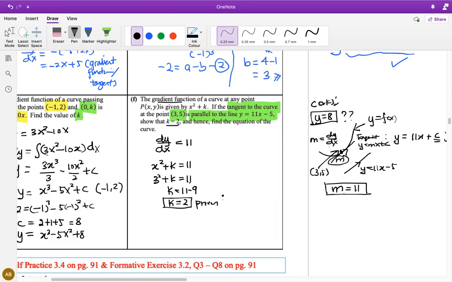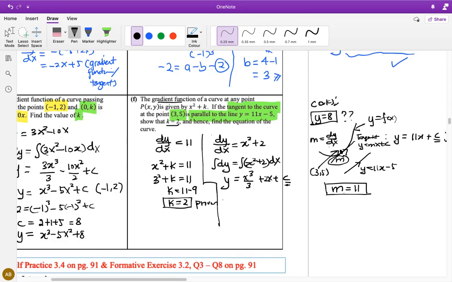Okay. Hence, now we know that our dy dx is x squared plus 2. So it makes our life easier. So we just integrate. So you get y equals to x cubed over 3 plus 2x plus c.